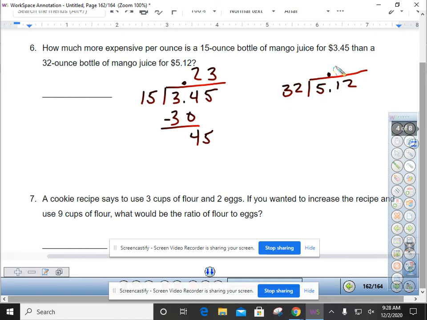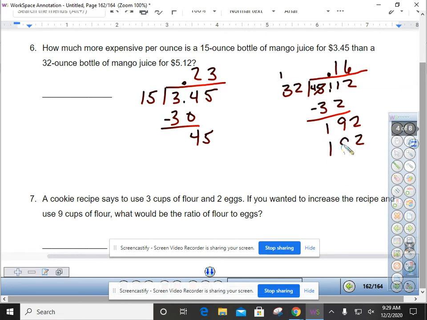This one goes in 1. What would that be? 4. 2 was 64. 4, 5 maybe. 6.